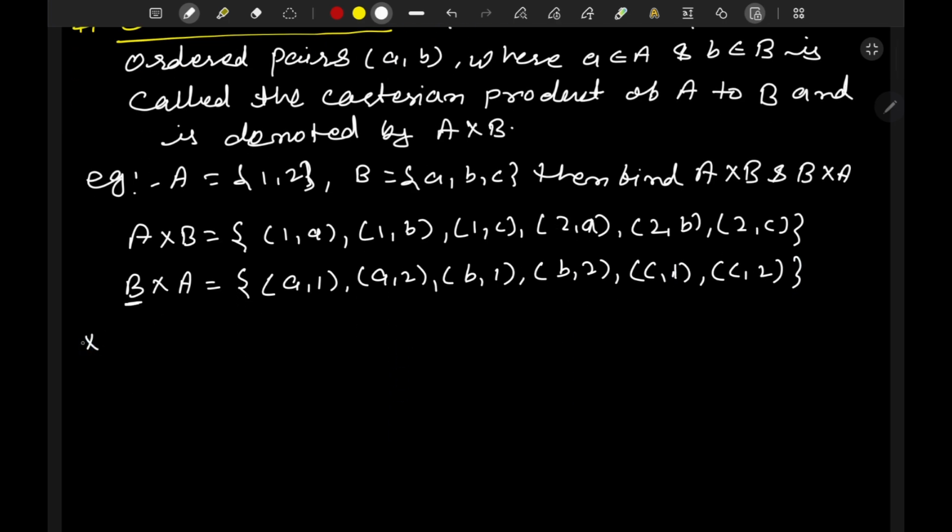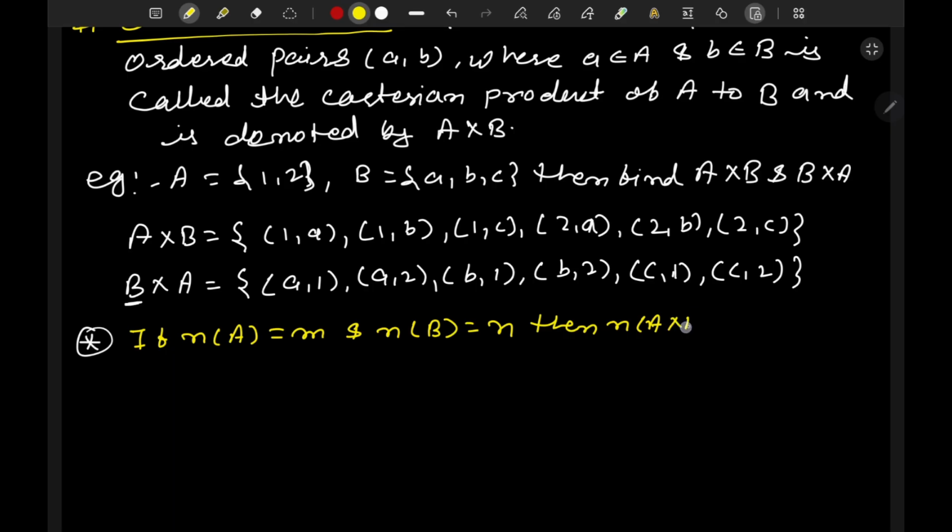If the number of elements in A equals m and the number of elements in B equals n, then the number of elements in A cross B equals m times n.